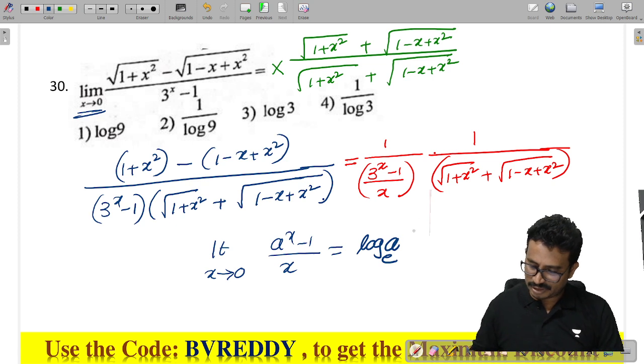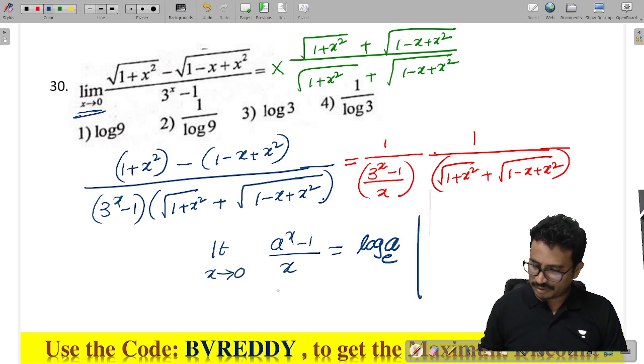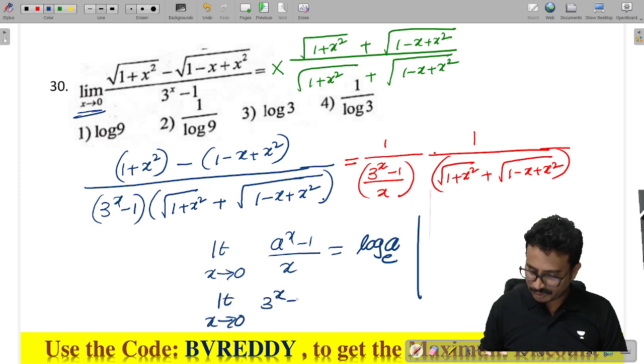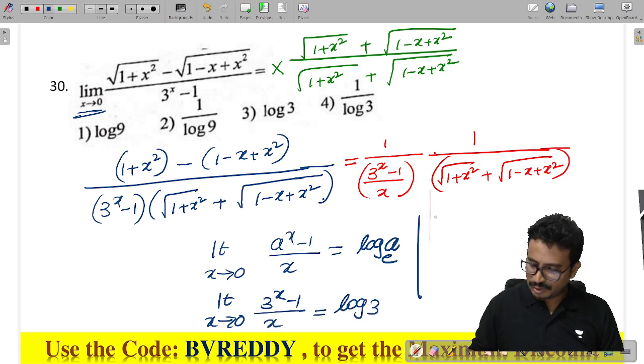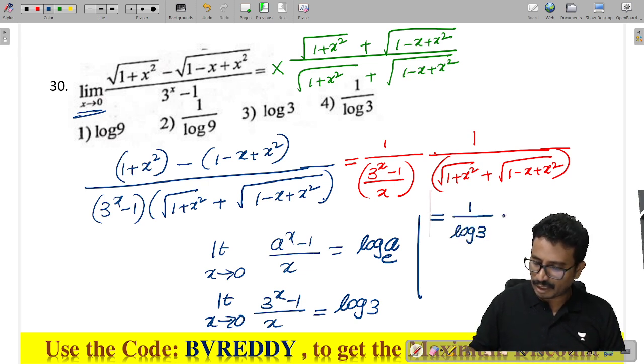Now you can see this term here: limit x tends to 0 of 3 power x minus 1 by x is log 3. So this value is 1 by log 3 into 1 by 1 plus 1, which is 2.